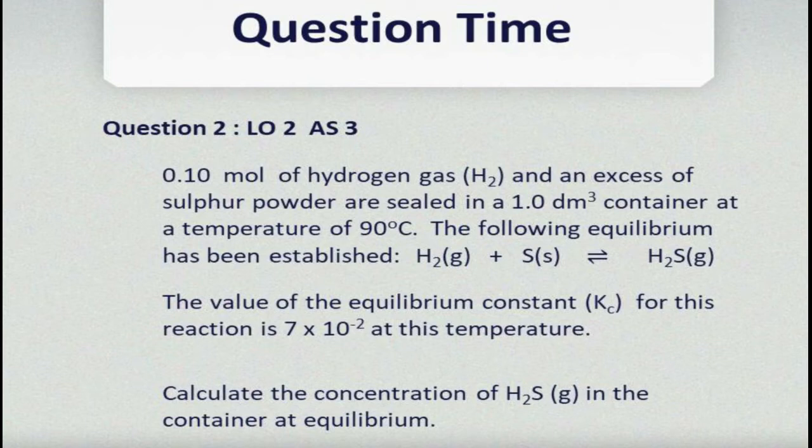The following equilibrium has been established. The equation is given, which is H2 gas plus S solid, giving you H2S gas. And they said the value of the equilibrium constant Kc for this reaction is 7 times 10 to the power negative 2 at this temperature.